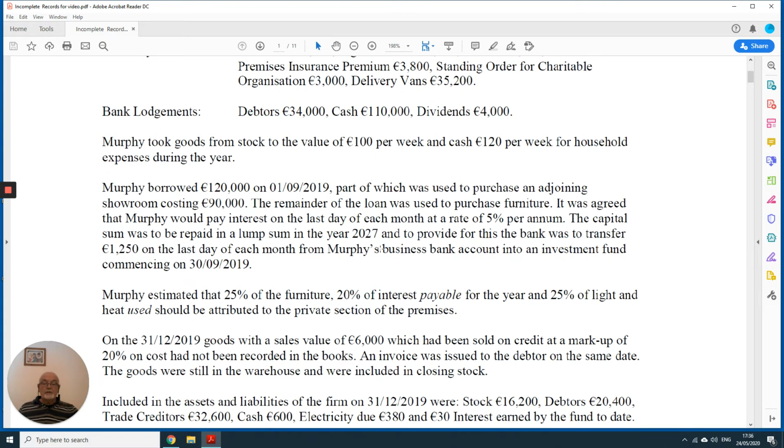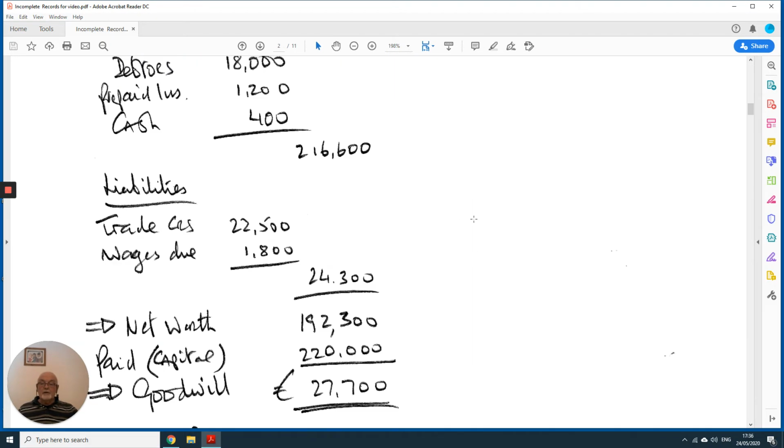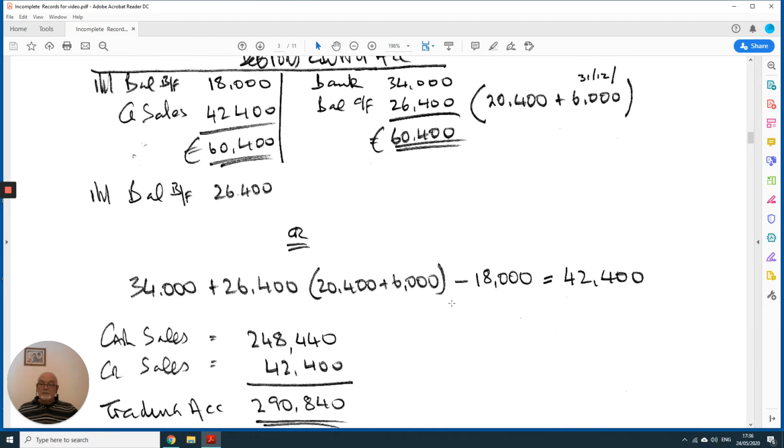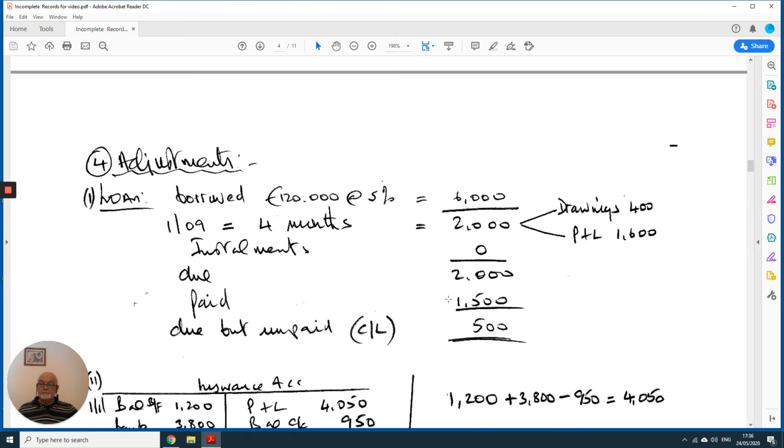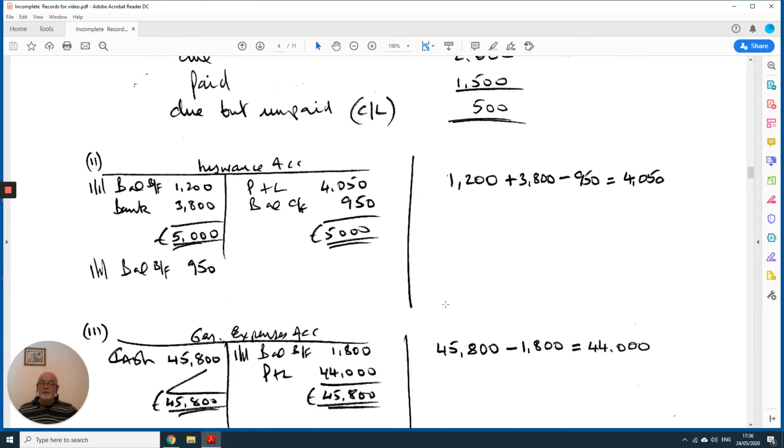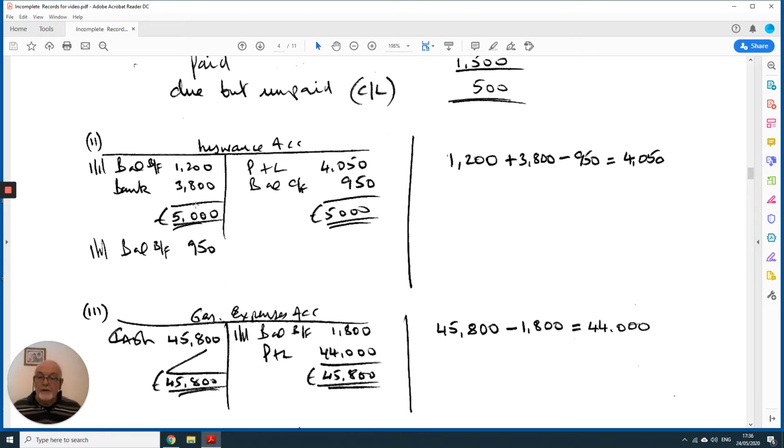So let's have a look at the insurance account down here in our step 4 adjustments. I've used a T account here, which you don't have to if you don't want. I've started off by showing that we have an asset for the prepayment of 1,200, and then we paid 3,800 for a full year's insurance. The credit entry for that is in the bank account, and I've debited the insurance account.